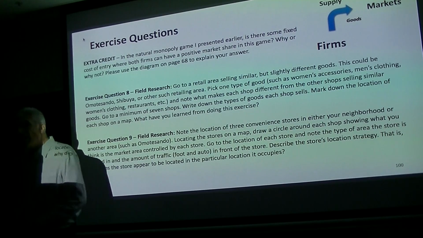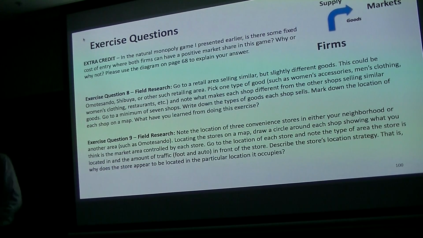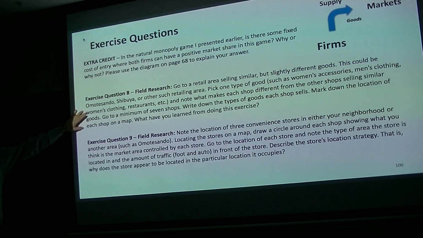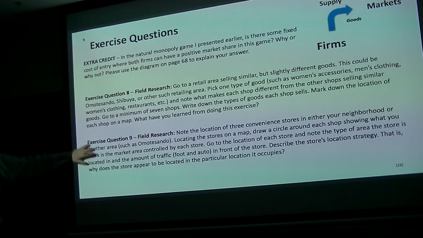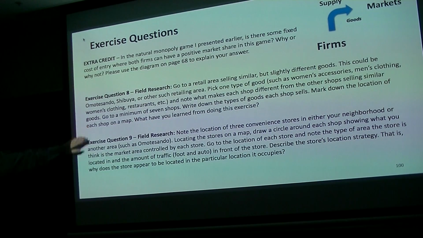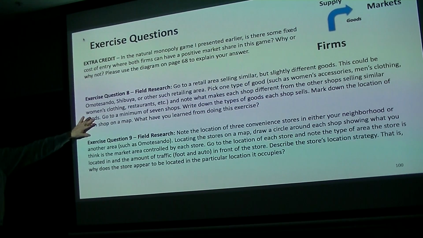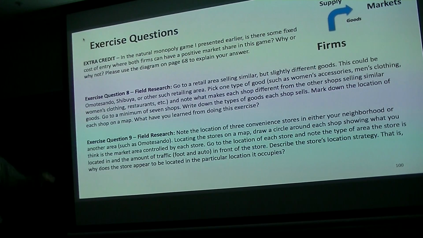So what I'm asking you to do is to go out, and I want you to see these two different ways that monopolistic competition works. In this first way, I want you to see how these firms cluster together.